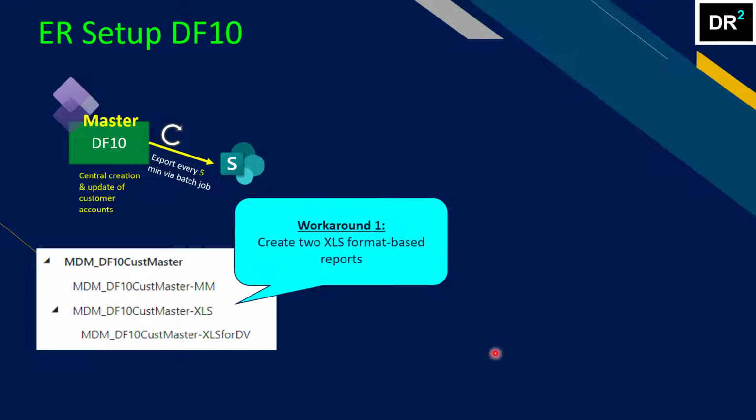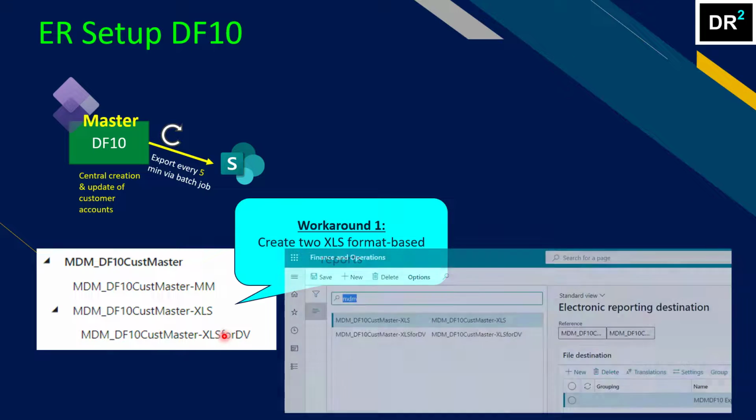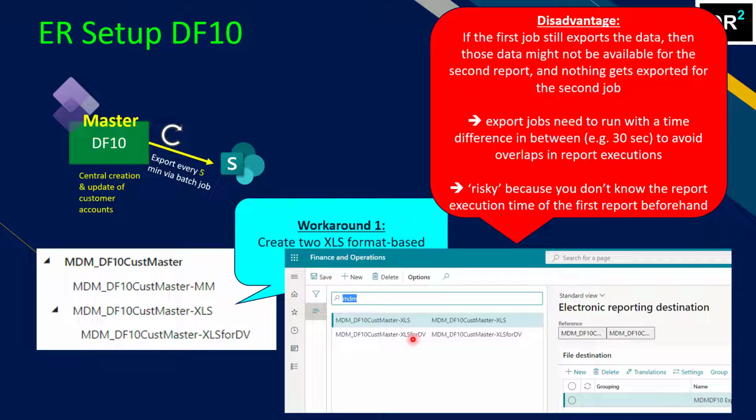So then I thought, okay, hey, instead of making one export, let's create a copy of the Excel export file and then do two exports. I also tried that. So I have here two electronic reporting output destinations. I will get two files into SharePoints, but I noticed, hey, sometimes when the first export job is still running and not completed, and the second one starts already running, then sometimes I missed some data.